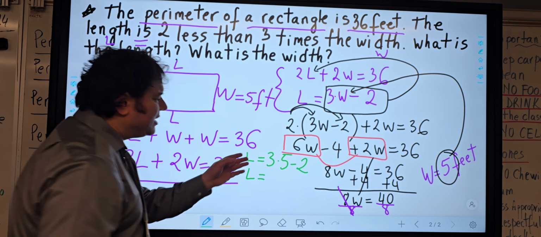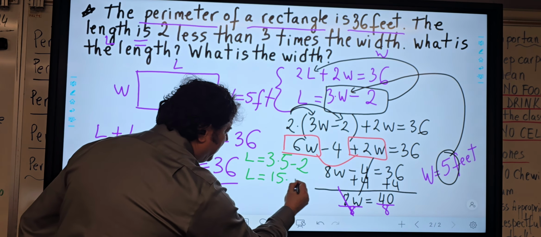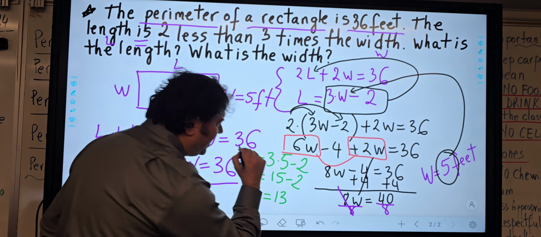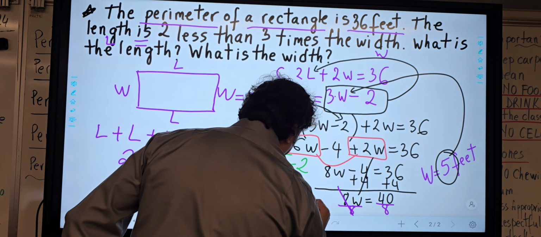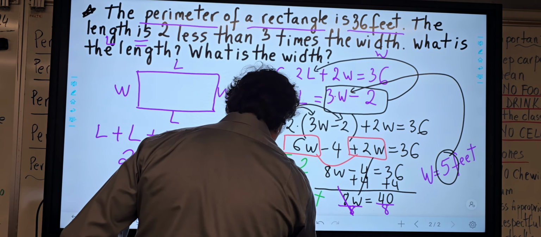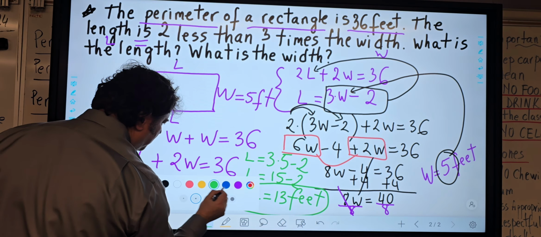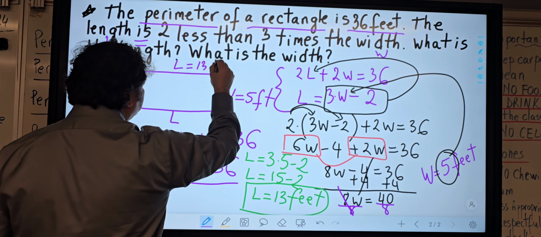L equals 3 times 5 is 15. And 15 minus 2 equals 13. And that's 13 feet. So the length equals 13 feet.